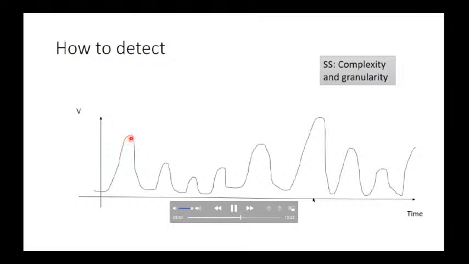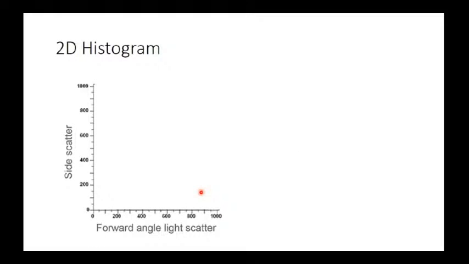The complex cells will give me a high peak, and the simple cells will give me a small peak. Now, in order to analyze the cells, I can combine both forward scattered light and side scattered light data together.